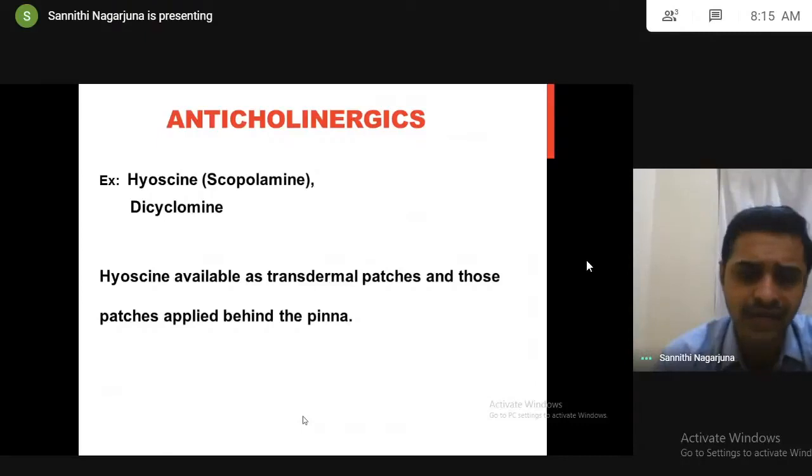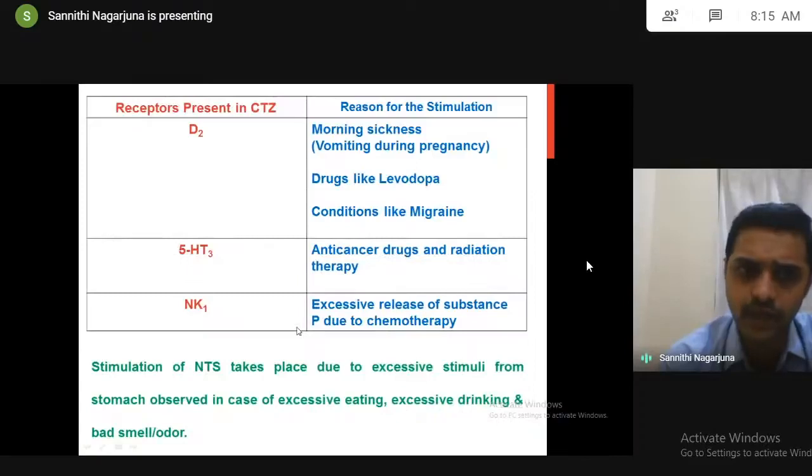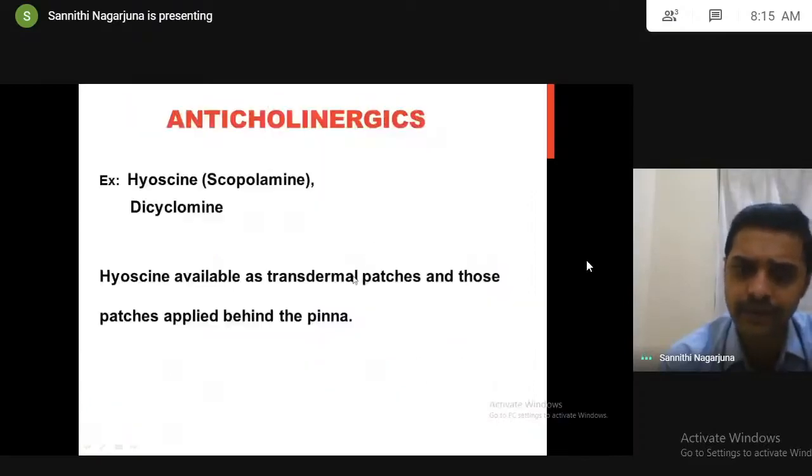Pinna means the ear. Muscarinic stimulation takes place because of motion sickness, in the vestibular system. So these anticholinergic hyoscine patches are applied behind the pinna, in the ear.